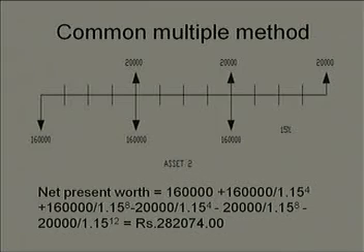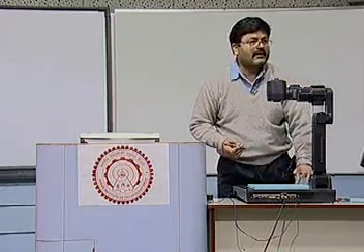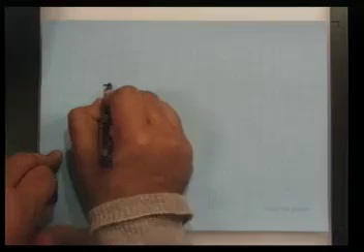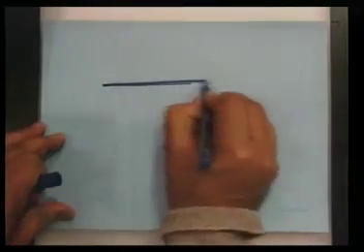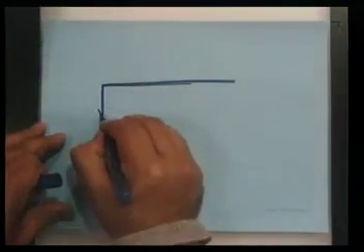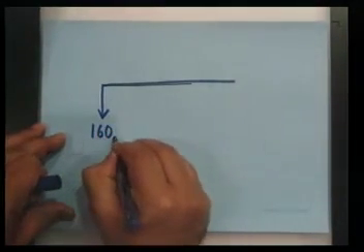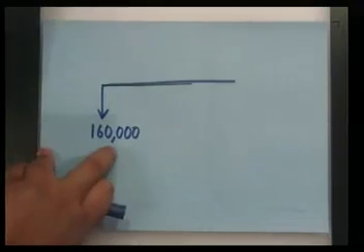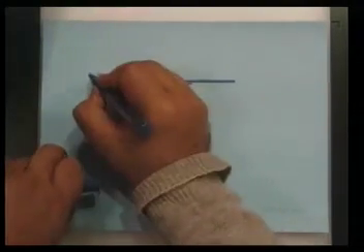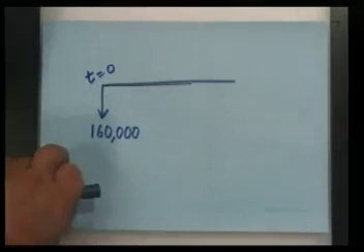If you try to see it here, it will be more clear. Just look at this screen. As far as asset A2 is concerned, you are investing 160,000 at time t is equal to 0, that means now.